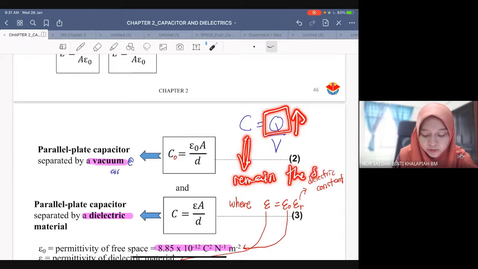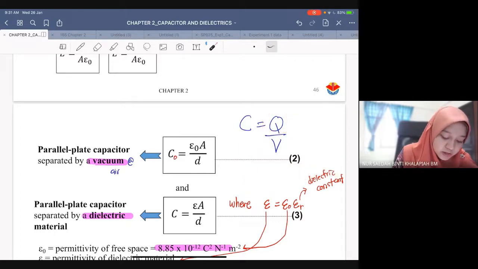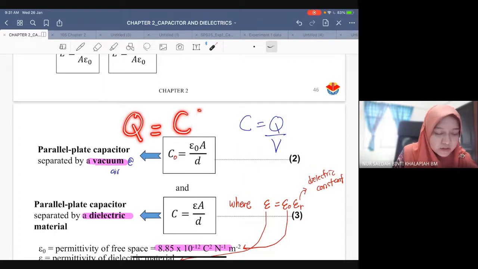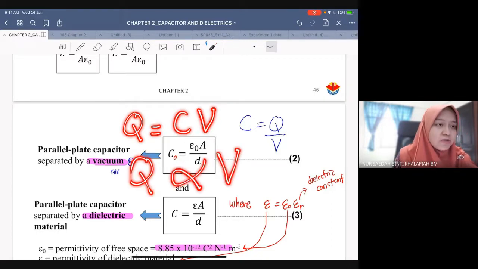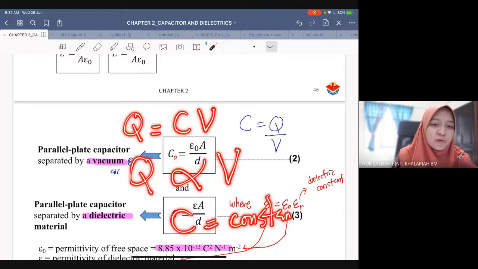Remain the same. Formula Q equals CV. It is about Q directly proportional to V where the C is constant. So formula ini tidak melibatkan capacitance. So kalau Q bertambah, yang bertambah adalah voltage, bukannya capacitance.